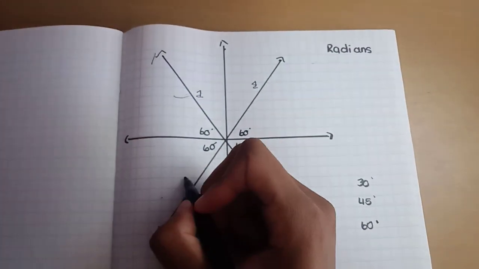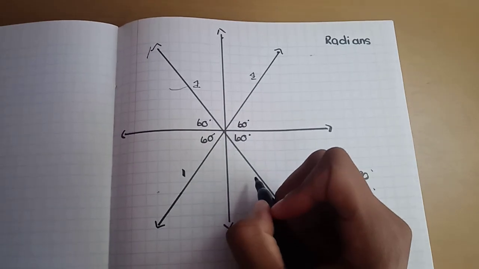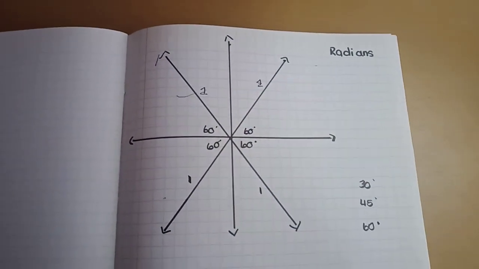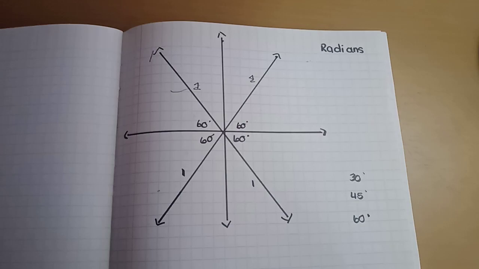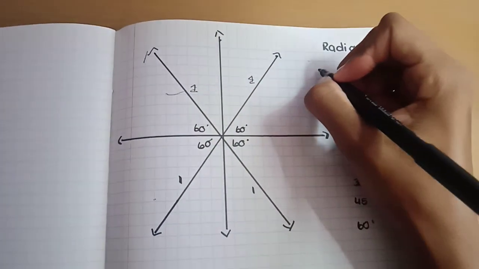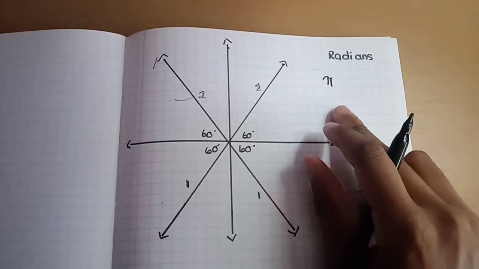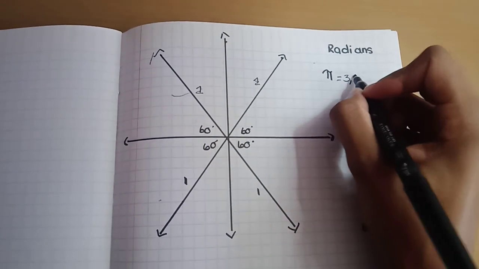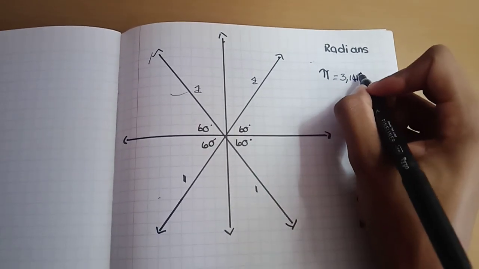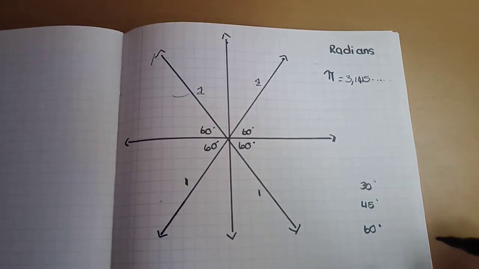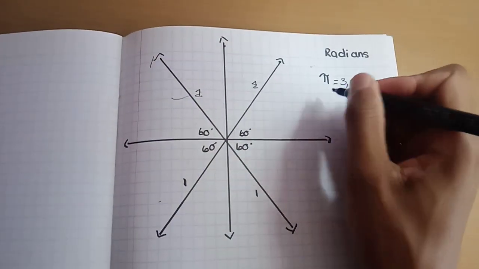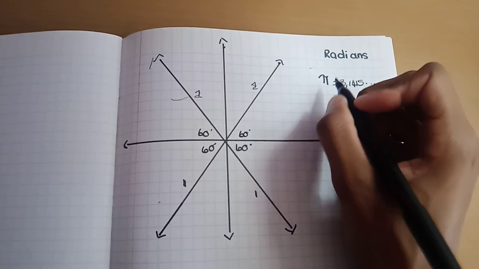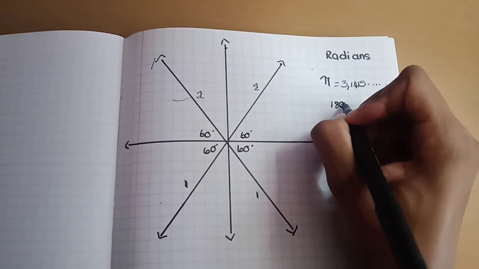Pi is the symbol over here. In numerical terms, pi is 3.14159, and it goes on and on up until infinity. In degree form, the value of pi radians is 180 degrees.